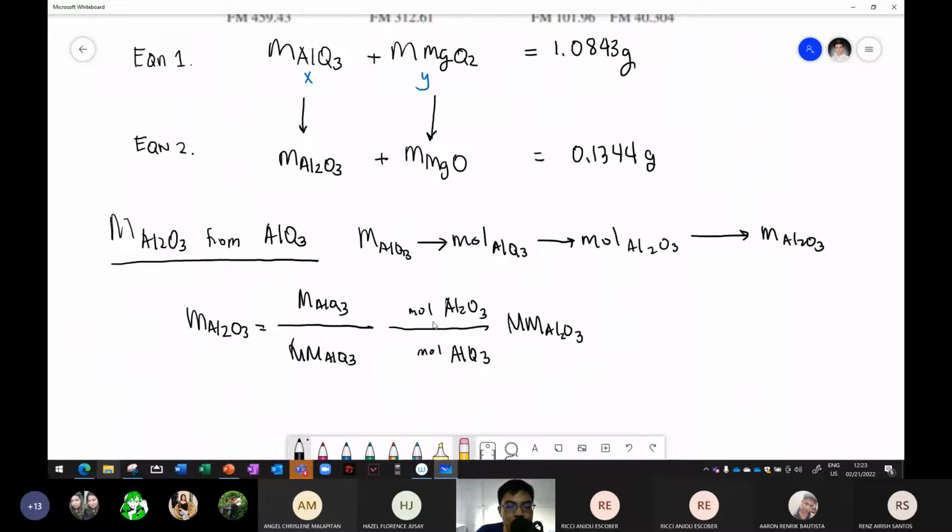Ito ang katanungan. Ano ang coefficients? What do you think? Bukod sa nakalagay sa worksheet. Ang titignan natin dito ay ang aluminum, kasi yun yung common na atom. So look at the subscripts of aluminum. And by looking at the subscript, tell me what should be the stoichiometric factor.